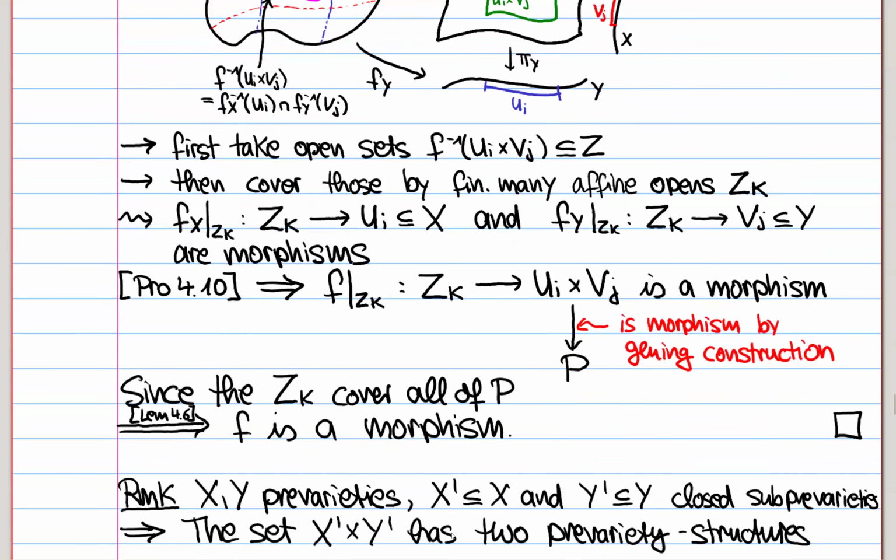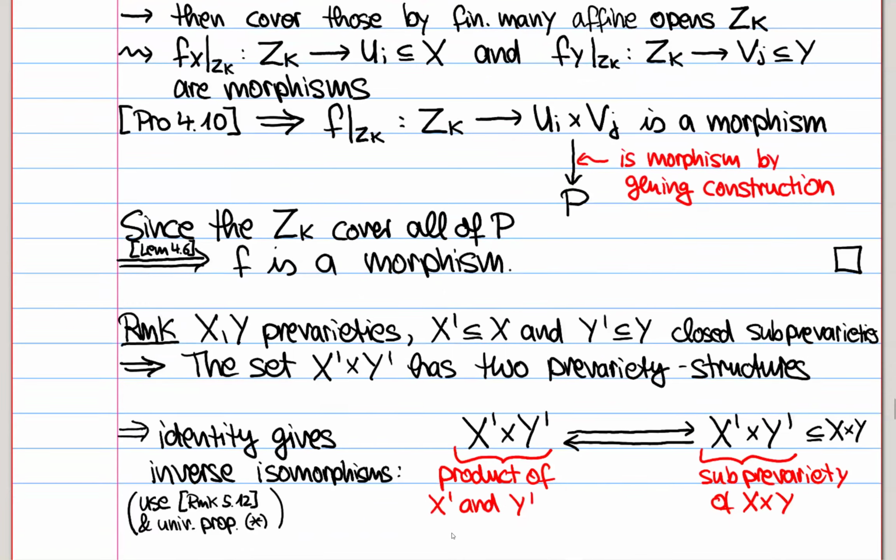And then the final thing to do is to have a short remark, which is again one of these kinds of compatibility conditions, because we do constructions left and right, and then we need to check that they behave well with each other. For example, in the following sense: if you have X, Y, and then you have a closed subvariety X' inside X and Y' inside Y, then on this product of sets X' cross Y', you have two ways to get a pre-variety structure.